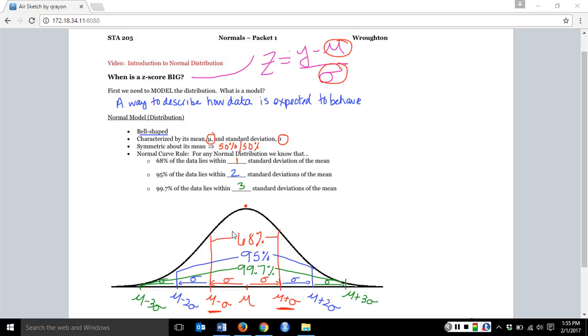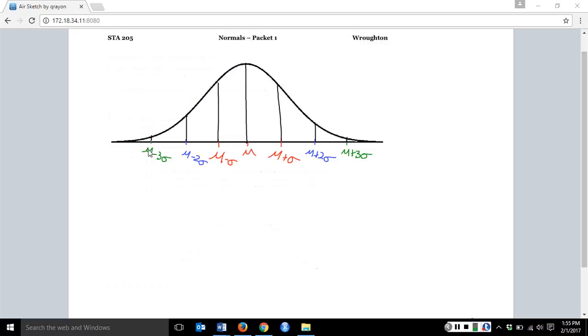So from our previous picture, we know that 68% is between mu minus a sigma and mu plus a sigma. We also know that my graph is symmetric. So from this picture, I also know there's going to be 68% between these two numbers. But I have two different spots to put it in, but since it's symmetric, the same amount is going to go into both pieces.